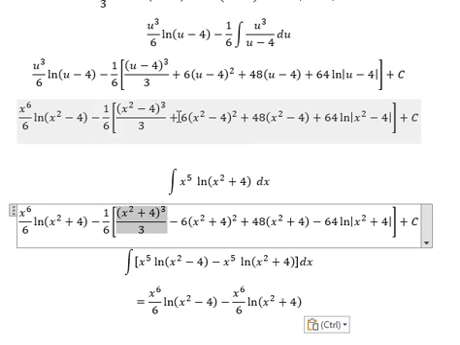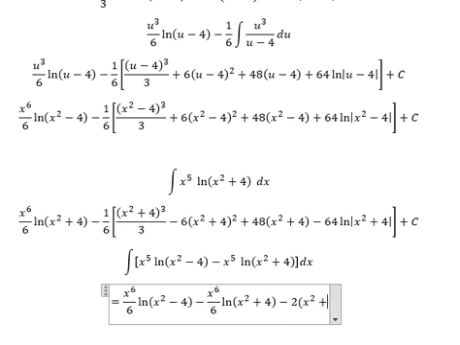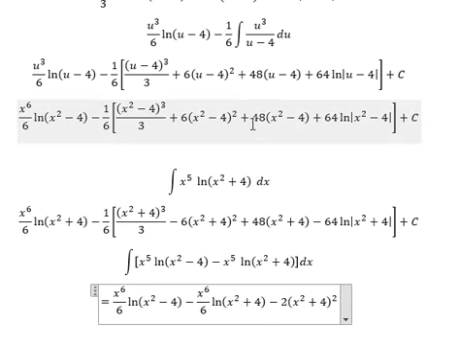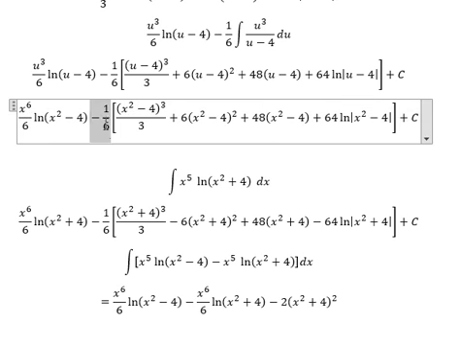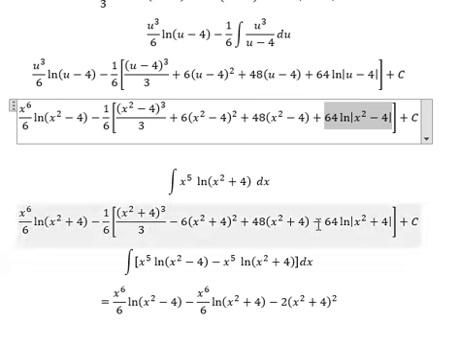Negative 1 over 6 with number 6 minus negative 1 over 6 with negative number 6, you get negative 2. This one with negative, this one with negative, they will cancel. And now we just have this one and this one.